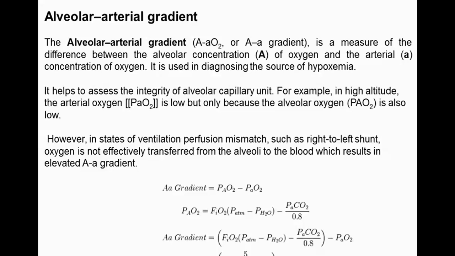So FiO2 by atmospheric pressure. We subtract the pressure of water from the atmospheric pressure because in our nose and the respiratory tract the oxygen will be humidified. So we subtract the pressure of water. Is it clear?